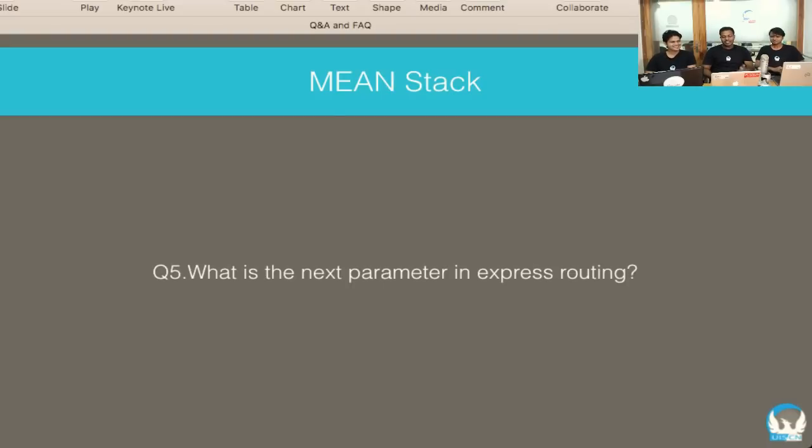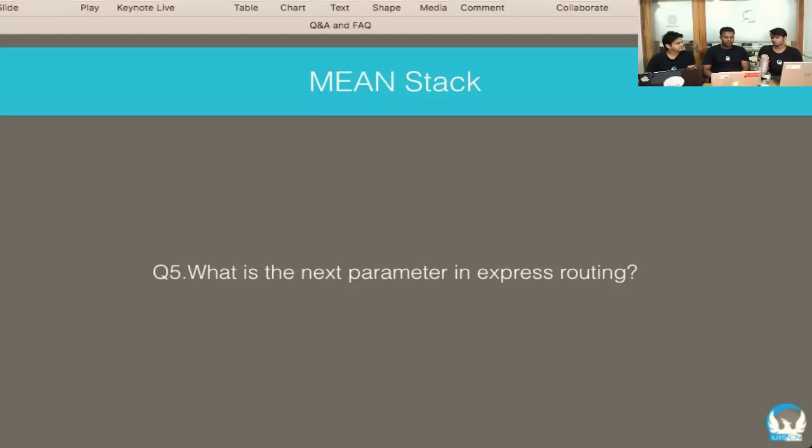Okay, what is the next parameter in Express routing? What is Express routing first? Express is a framework that you use with Node to create a full-fledged server. It makes it really easy to develop REST-based APIs. You have the GET request and POST request, and they match the URL that you pass to those functions.